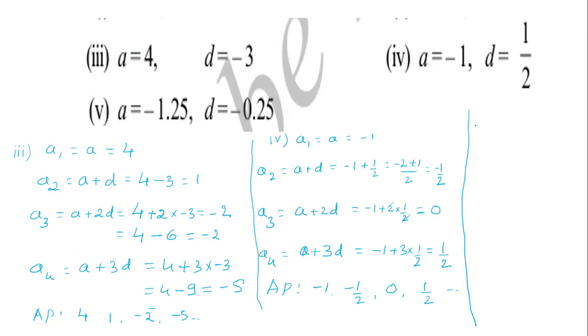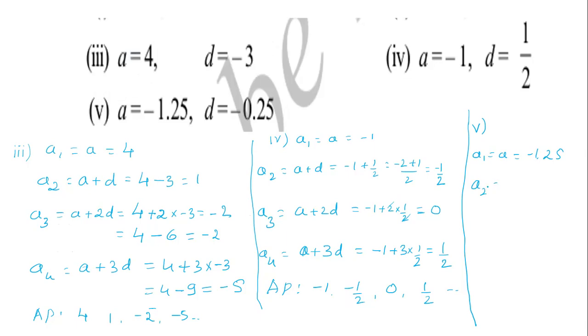Next, the fifth one. A1 is equal to A is equal to minus 1.25.